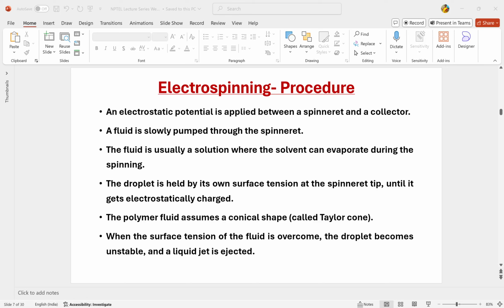That rod is grounded, so the charge will pass down to the ground and remove any charges, be it on the plate or on the side of the syringe, anywhere. You have to just touch it so that your charges are removed. This is also a precaution you have to take. Never forget to touch that. Never touch directly, or else you'll get a big shock.